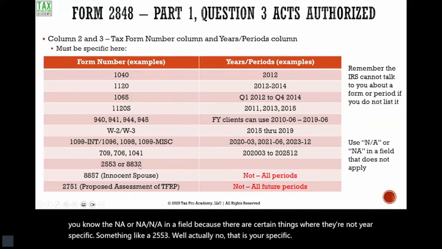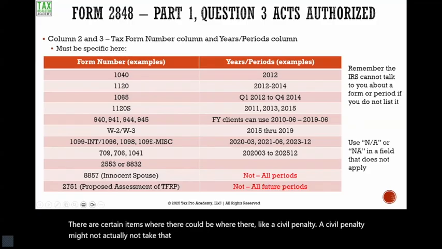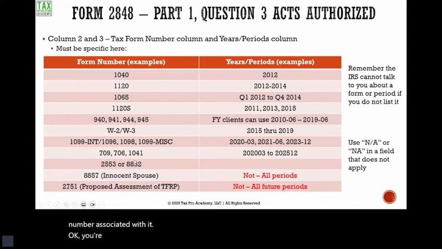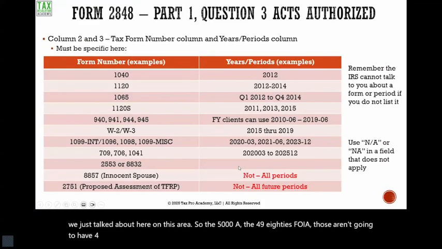There are certain items like a civil penalty, which might not have a form number associated with it. You're more likely to not have a form associated with something in a particular issue that we just talked about here. So the 5000A, the 4980s, a FOIA, those aren't going to have form numbers, so just leave that space blank.